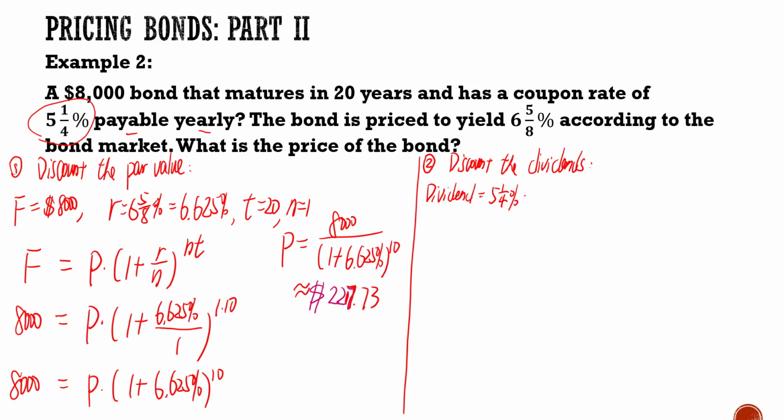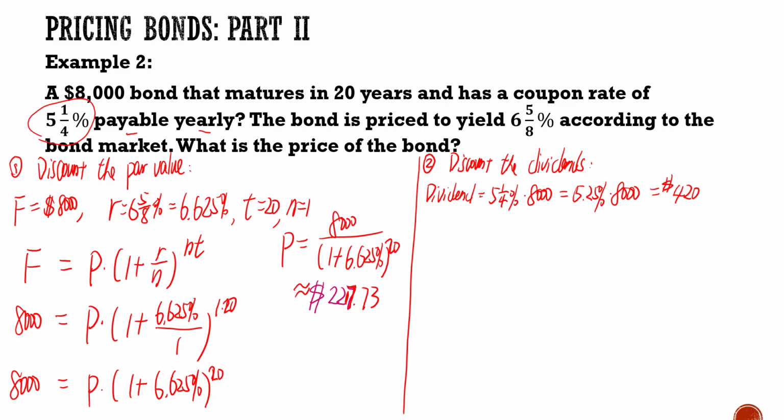So that's a typo, this is 20, not 10. 20 power. I use the right exponent and calculate the present value. So 5.25% times 8,000 turned out to be $420. So the dividend payment is $420.